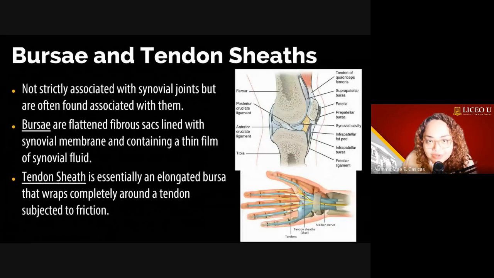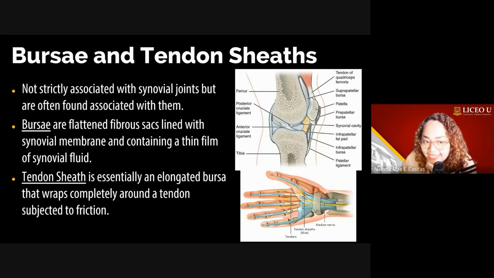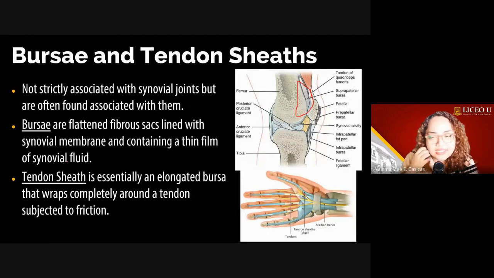And then you have your bursae and your tendon sheaths. Your bursae are flattened fibrous sacs lined with synovial membrane and containing a thin film of synovial fluid. So, where is your bursae? Just like this one, no, in your femur tibia connection. There is a part here that is filled with your synovial fluid, and that is your bursae. Bursae is the plural, bursa is the singular form.